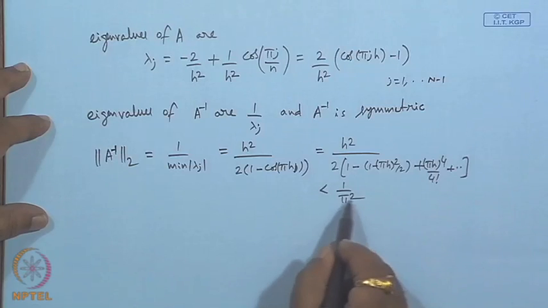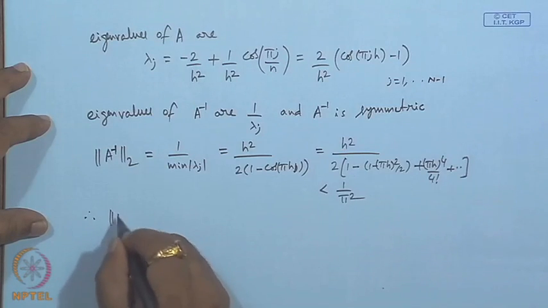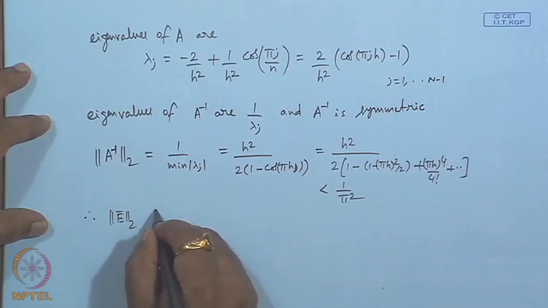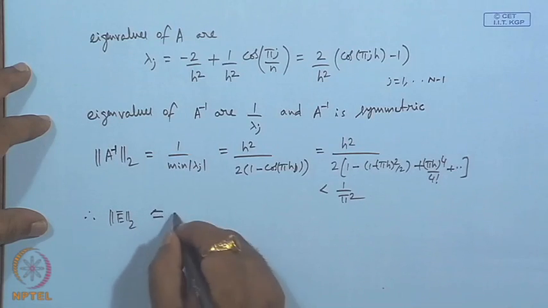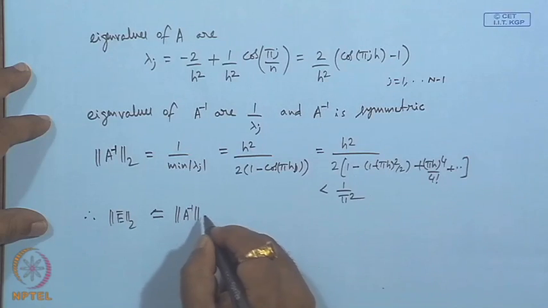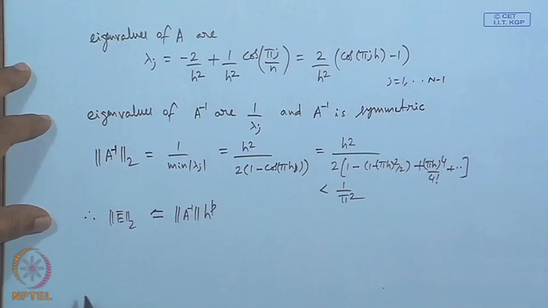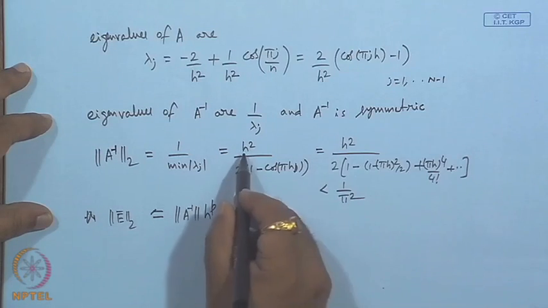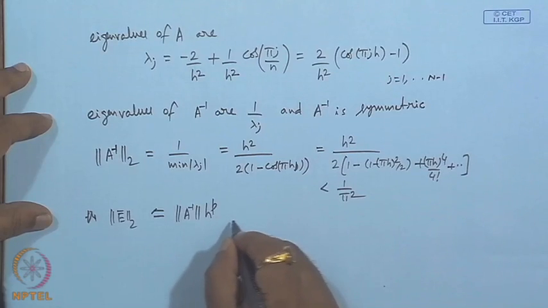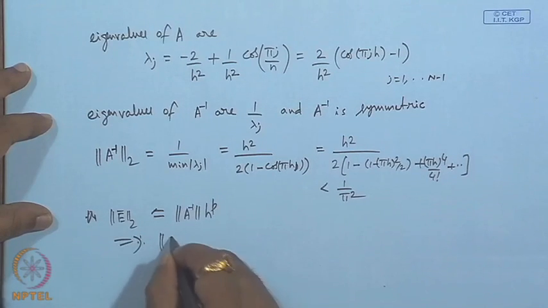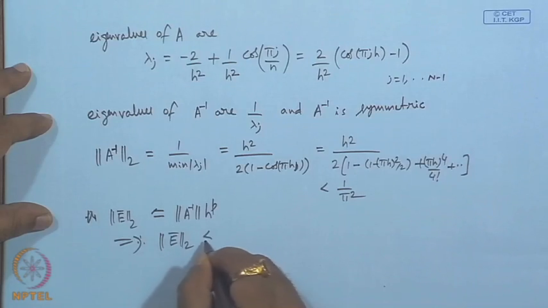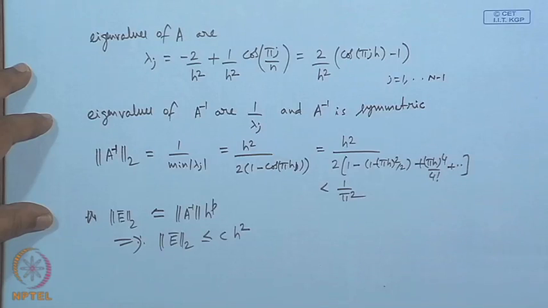This can be shown to be bounded. Therefore, the error with the 2 norm is less than or equal to some c times h square. Therefore, it is second order accurate.